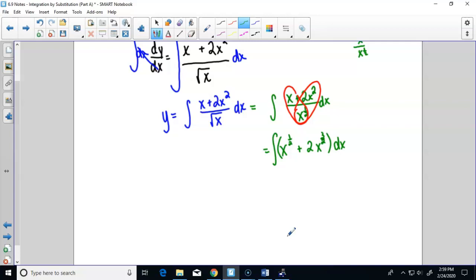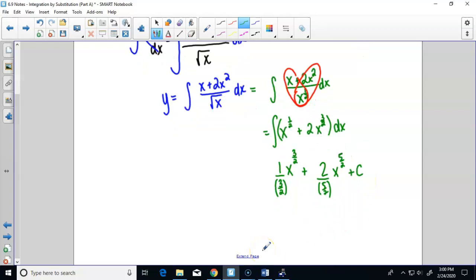And so this one you're just going to use that regular power rule for it once you get that set up. So x to the 3/2 here, and then out front you got to do 1, and it's going to be divided by that 3/2. And then for the second one, you're going to have x to the 5/2, and out front you got a 2, it's going to be divided by 5/2. I'm going to put a plus c on the end.